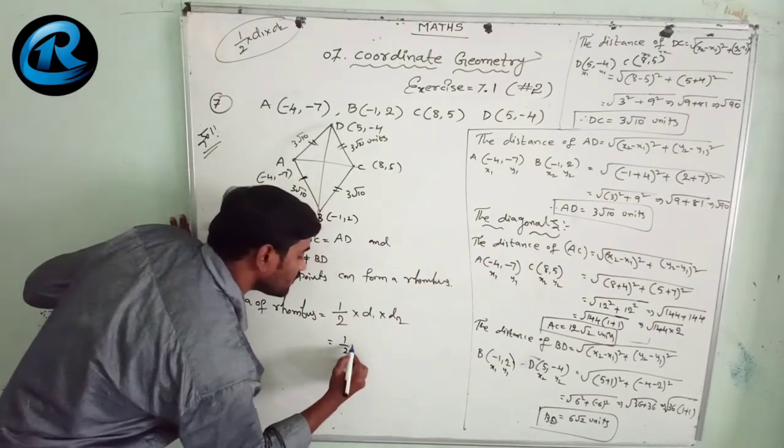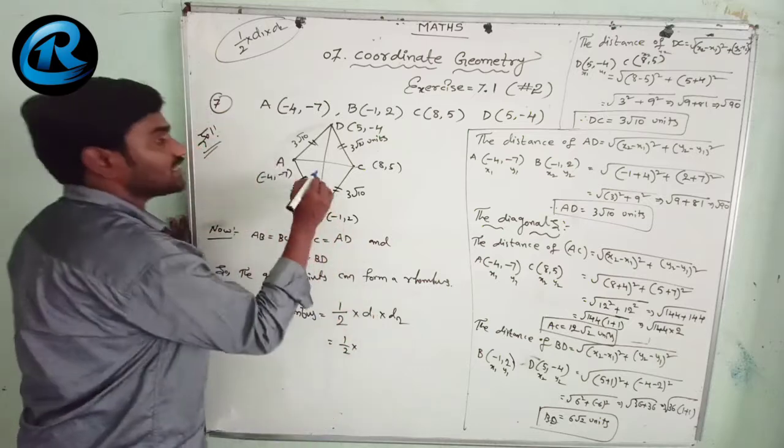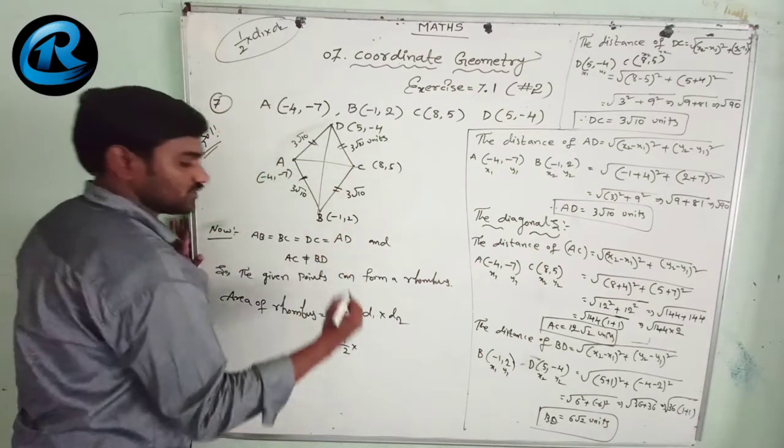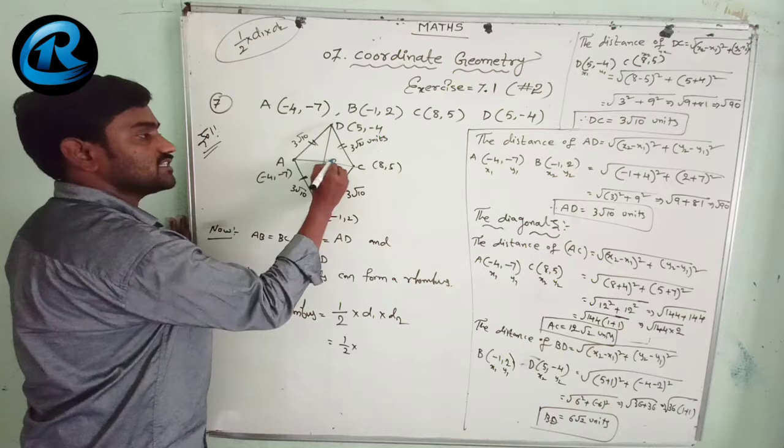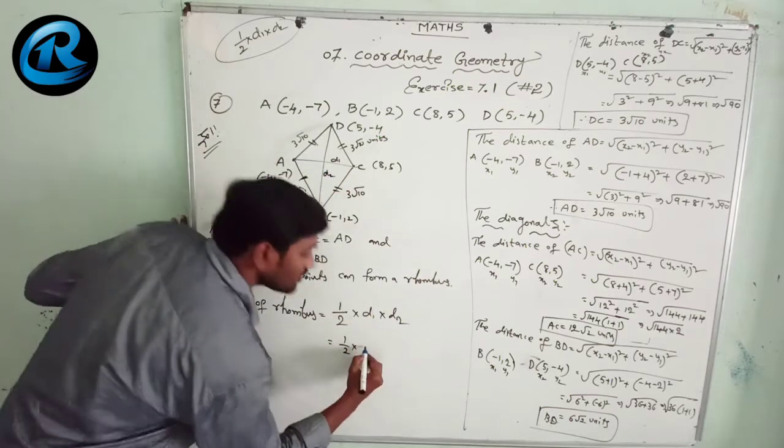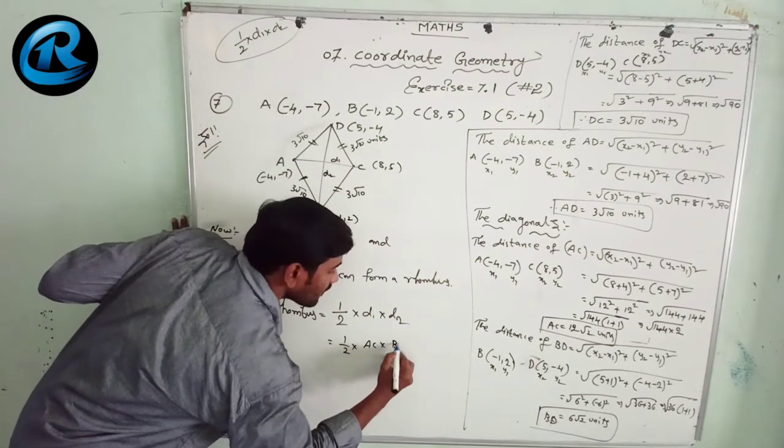Here 1/2 into d1, where d1 is nothing but diagonal 1, let us take AC. This is d1 and suppose this is d2. So AC into BD.